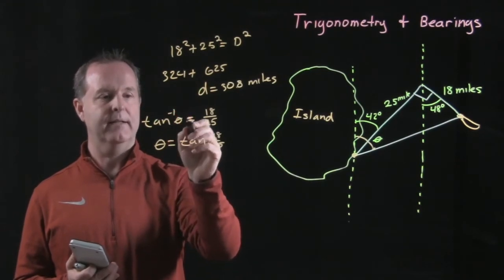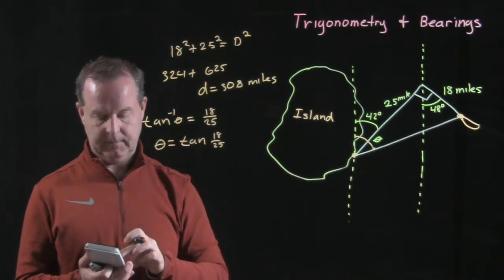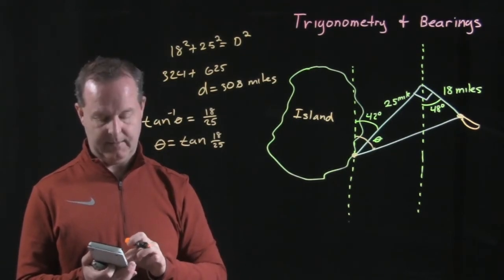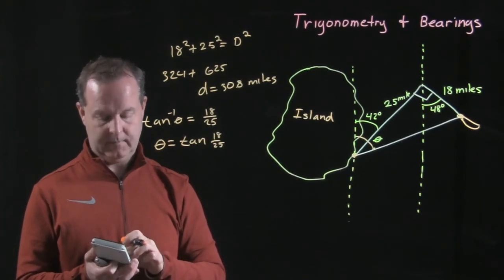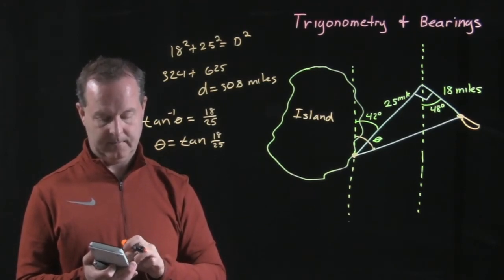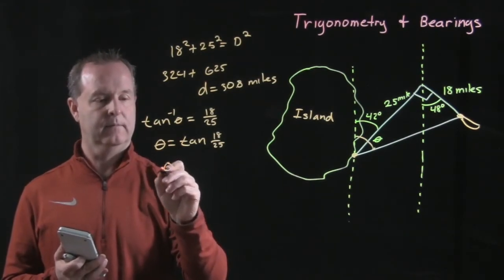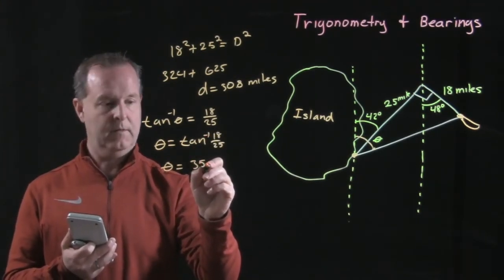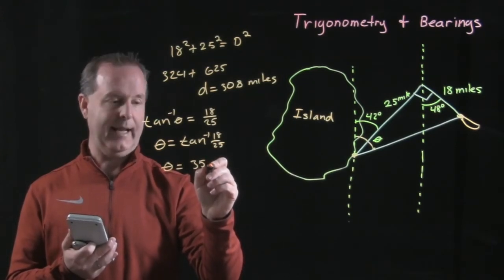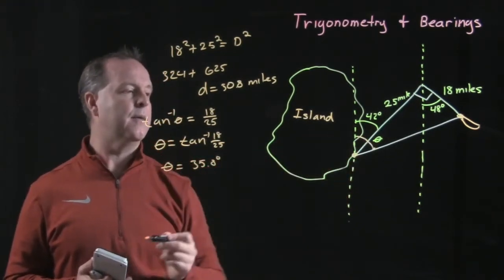Theta equals inverse tangent of 18 divided by 25. Punching the keys this time, that equals 35.88 degrees. That's my theta.